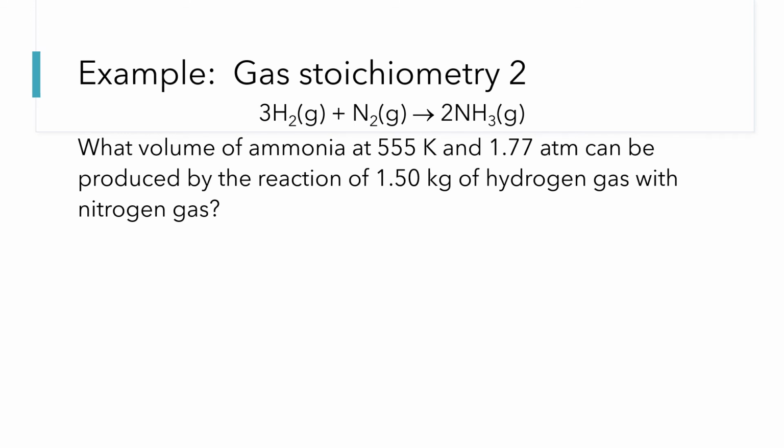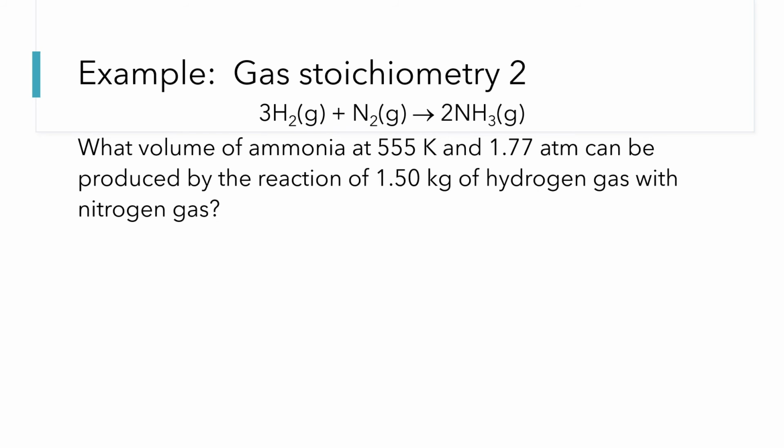So the first thing we need to do is convert that kilograms to grams of hydrogen gas, then do reaction stoichiometry to go from hydrogen gas to moles of ammonia. And once we know the moles of ammonia, we can use the ideal gas law to figure out what volume would be occupied.